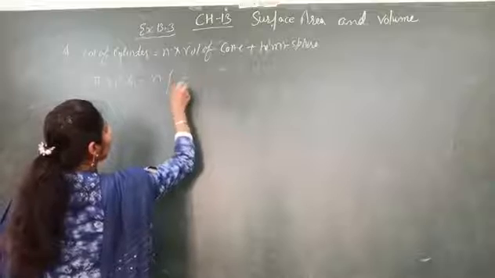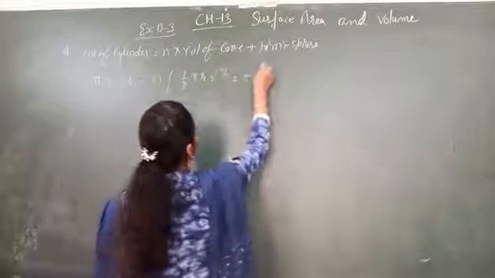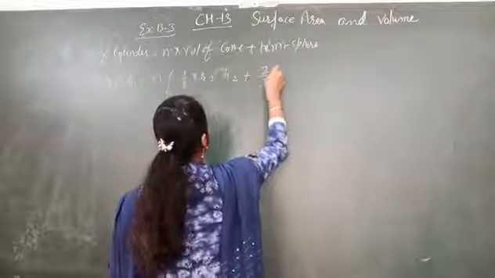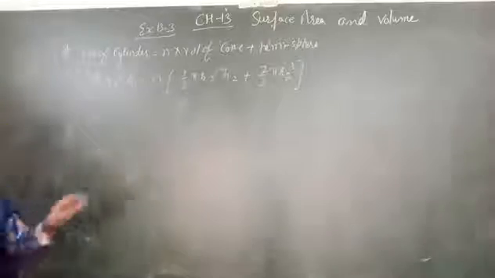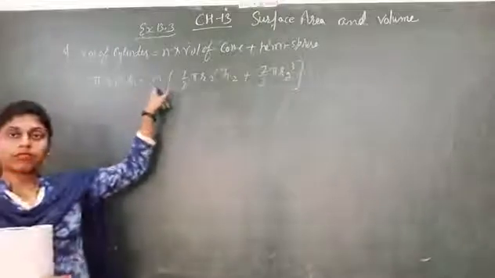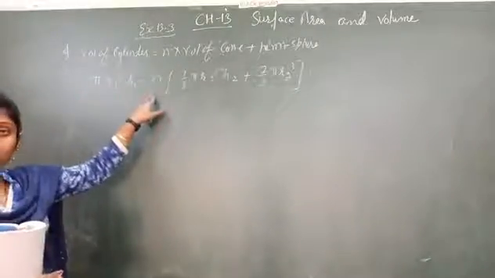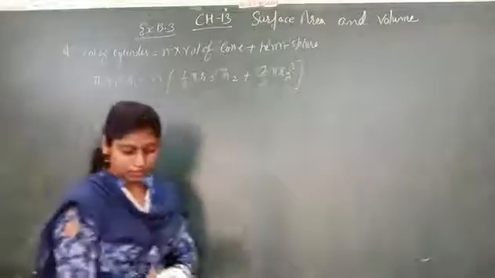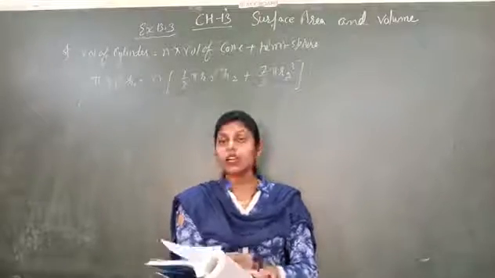Cone, 1/3 pi r2 square h2. Hemisphere, 2/3 pi r2 cube. Here all the dimensions are given. Put the values and then find the value of n. Firstly, take pi common from both the sides and the pi will be cancelled. Here, solve it. Next 6 is again same. Try to solve it.